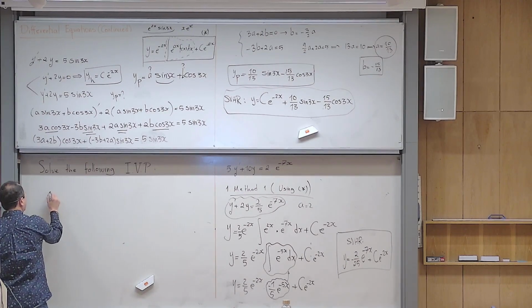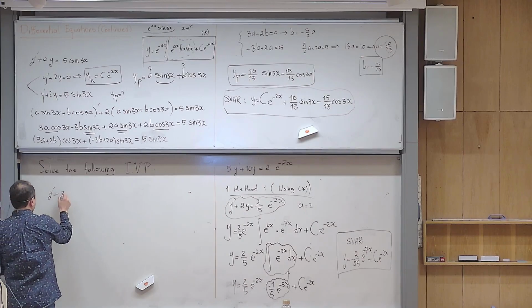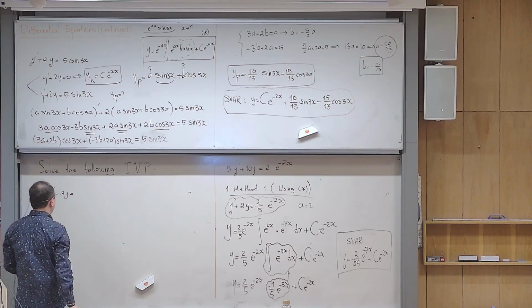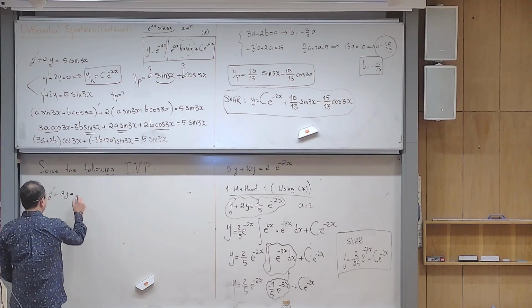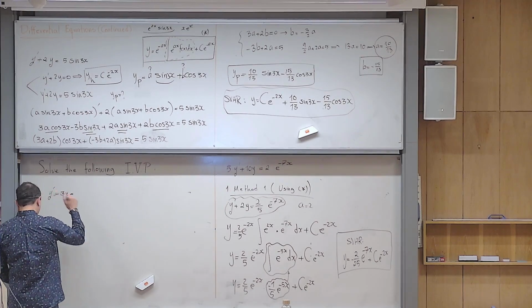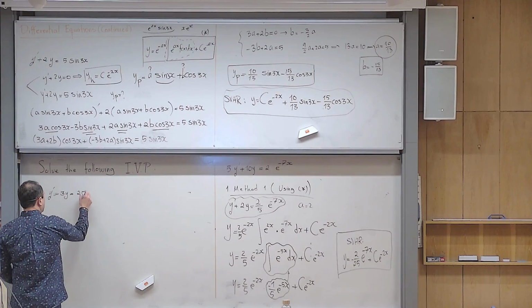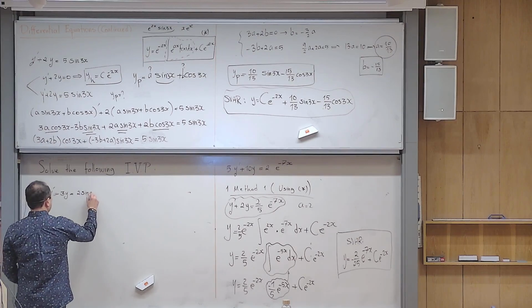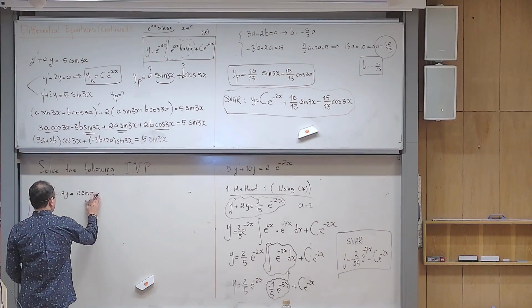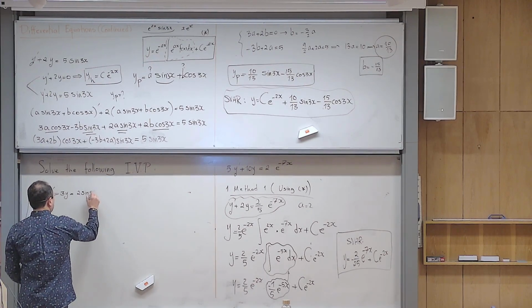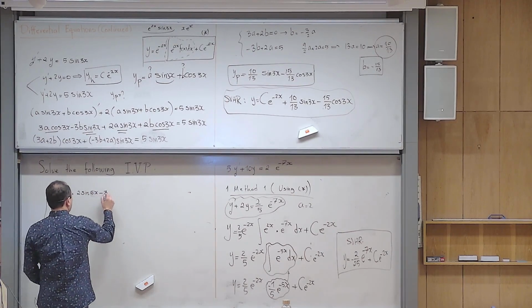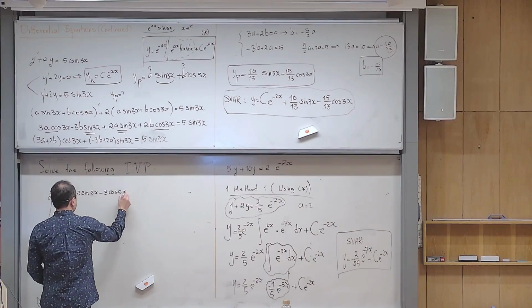They give you an equation, so let us say y prime, let me write it, minus 3y equals, on the right hand side, I will write 2 sine 5x minus 3 cosine 5x.